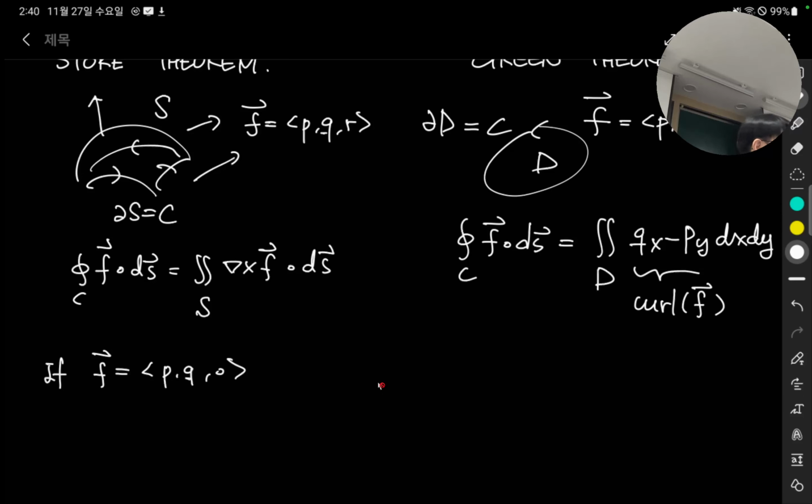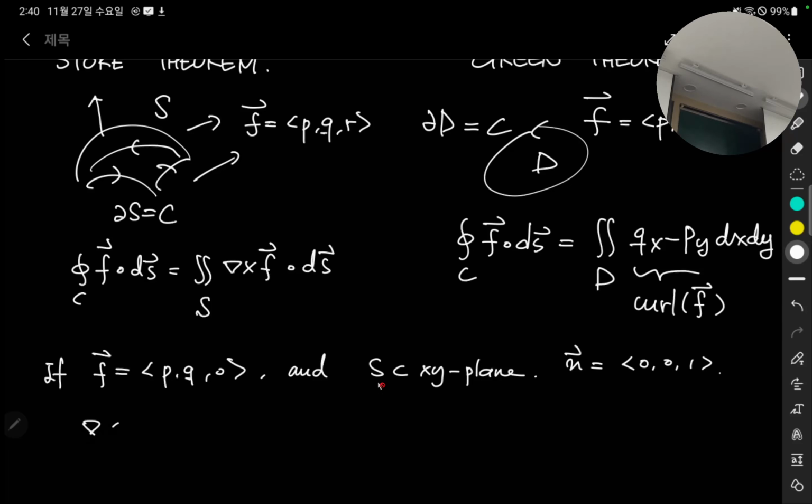It's a three-dimensional vector field, but all the vectors are parallel to the xy plane, and S lies inside the xy plane, and the orientation is upward. Then let's plug that information into the Stokes theorem and see what happens.